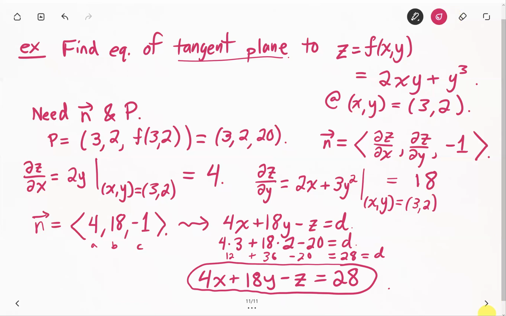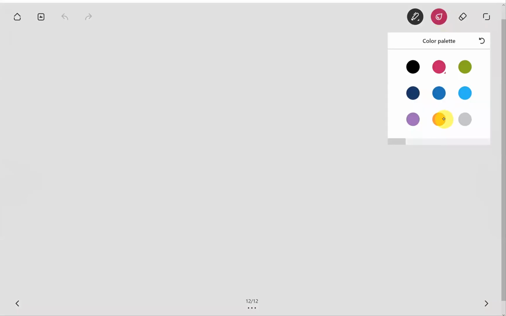Now, as you may recall, I'm a big fan of the philosophy that you learn math by doing math. So let me leave you with a problem to think about. You should try one on your own. So try this. Let z equal f of x comma y.